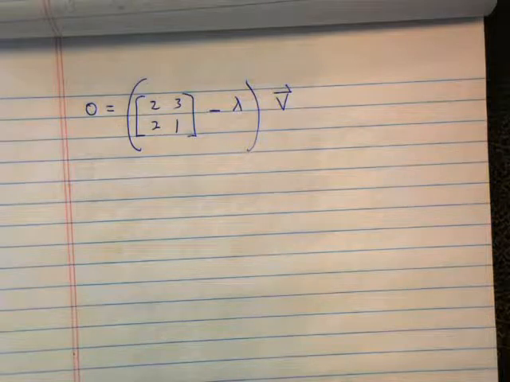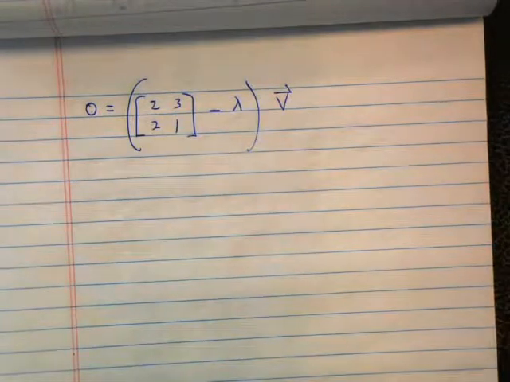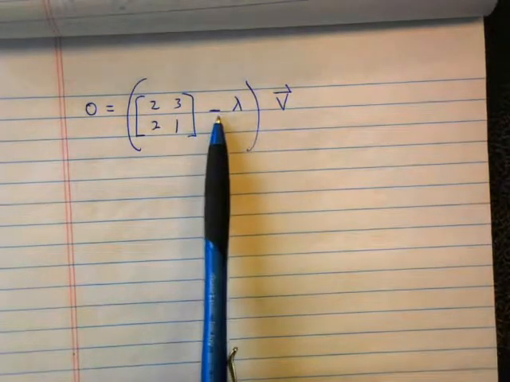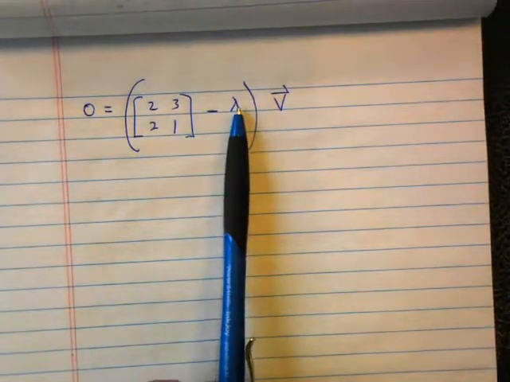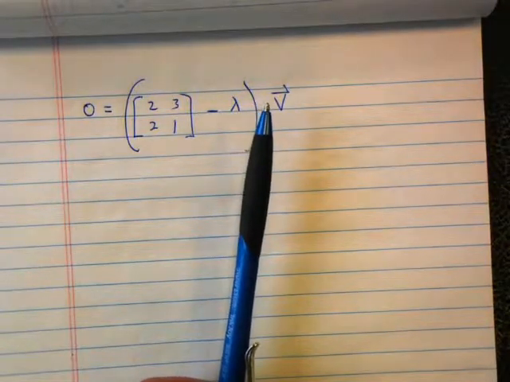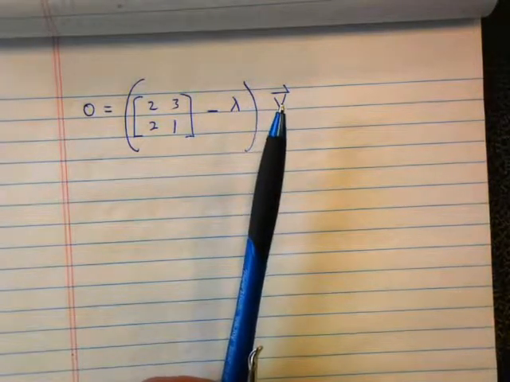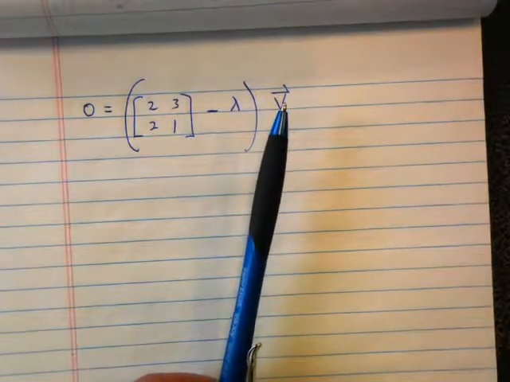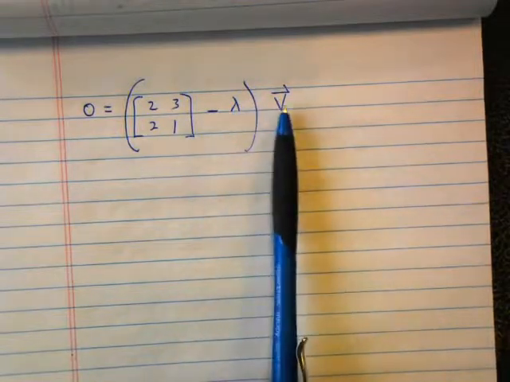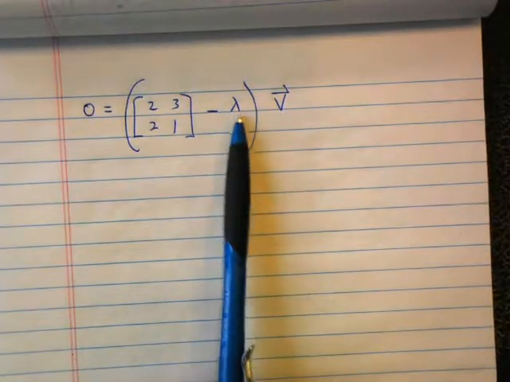Okay, but now we have a new problem. I have a matrix here, [2, 3; 2, 1], and I'm trying to subtract a number. How do I take a matrix and subtract a number? That's right, you can't. So when we factored out the vector v, we really don't just have lambda left here.